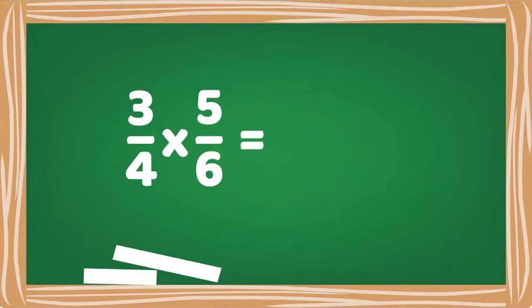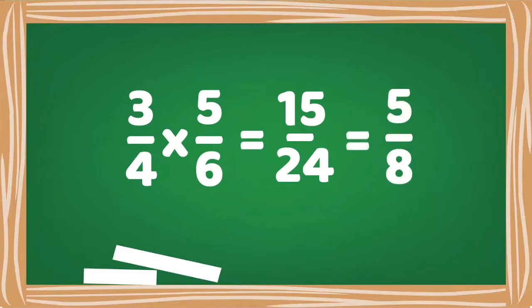So, 3 times 5 equals 15. And 4 times 6 equals 24, which can be simplified by dividing both numerator and denominator by 3, which yields 5 over 8. And that is our final answer.